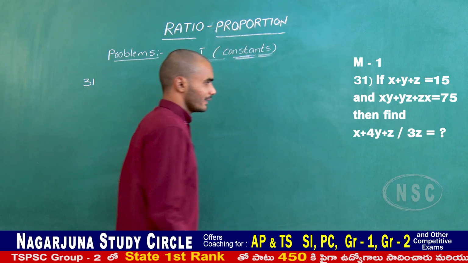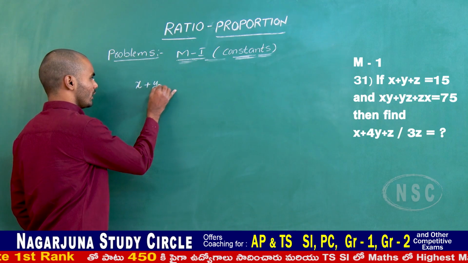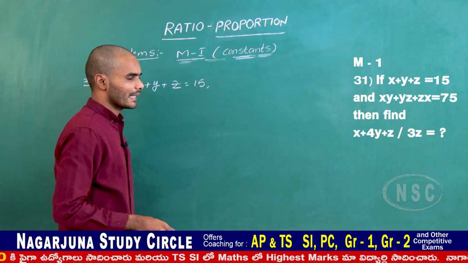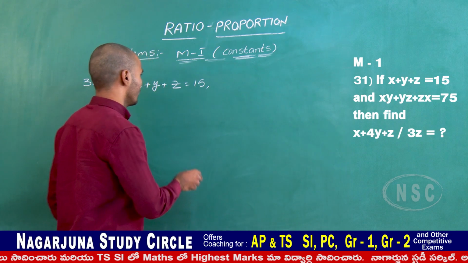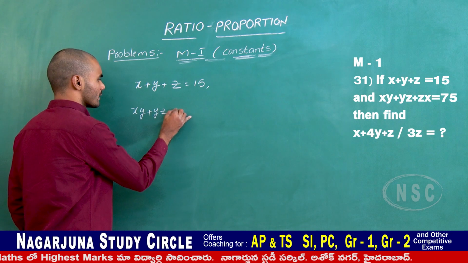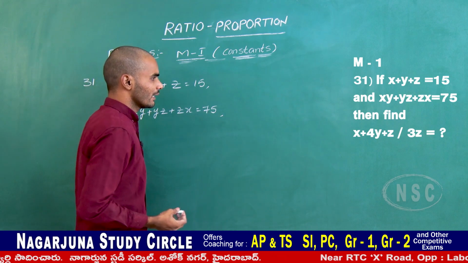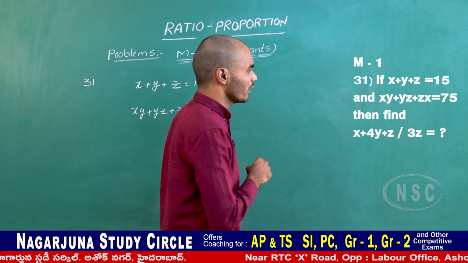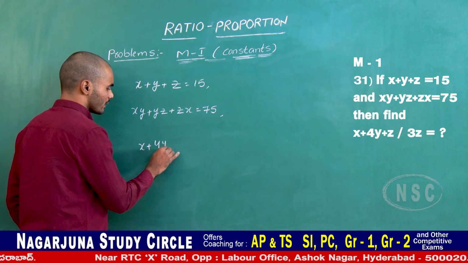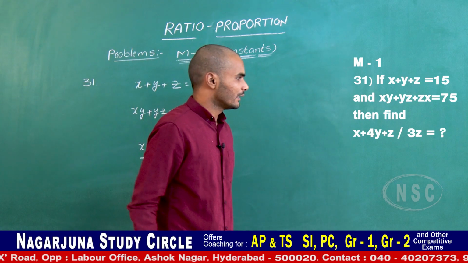The given data is x plus y plus z is equal to 15 and xy plus yz plus zx is equal to 75. Then find (x plus 4y plus z) divided by 3z.